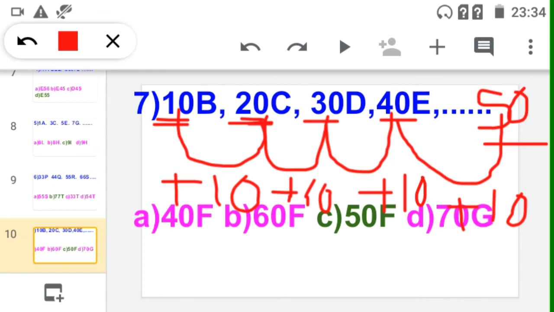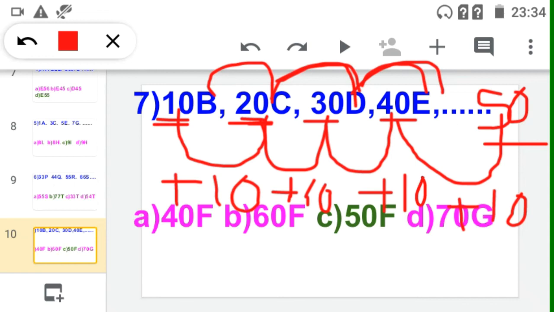See here. B is in the first, C is in the second, D is in the third, and E is in the fourth. So now have you observed, student? These are continuous alphabets. Correct. So after B there is a C, then after C there is a D, after D there is an E, then after E what should be in the fifth term?